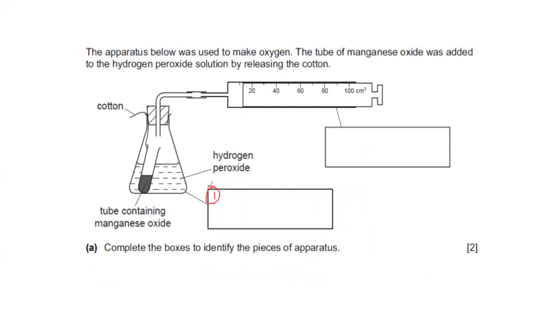Label the apparatus. That's not a beaker. Yeah, it's a conical flask. Label the boxes 1 and 2. So it's a gas syringe because we use the gas syringe to measure the volume of the gas given off.